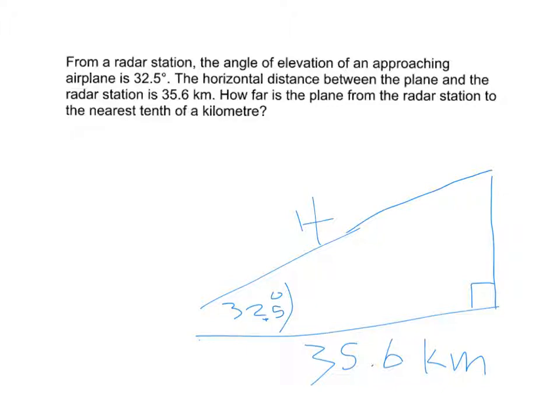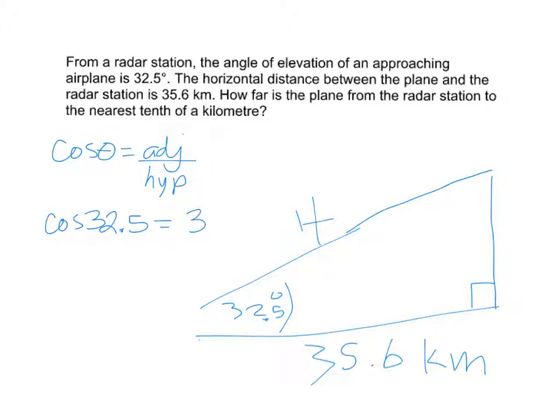If we have an angle here, we're trying to find the hypotenuse, and we know the adjacent. Which ratio will we use? Cosine, right. Cosine is adjacent over hypotenuse. So cosine of 32.5 is equal to 35.6 over hypotenuse.